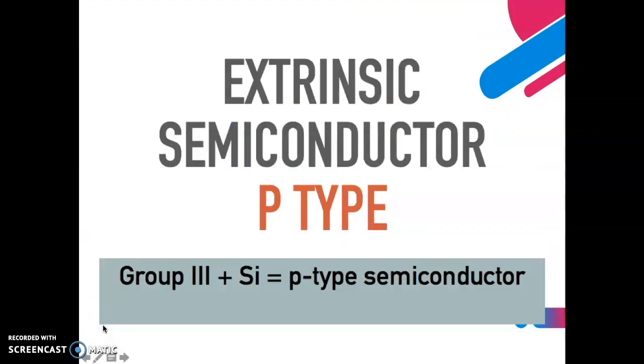Okay, let's go to the next extrinsic semiconductor, that is the p-type semiconductor. So for your p-type semiconductor, instead of group 5, you're going to dope with group 3. So group 3 added to your pure semiconductor gives you a p-type semiconductor. Let's say here is your silicon. So you have 1, 2, 3, 4 valence electrons.